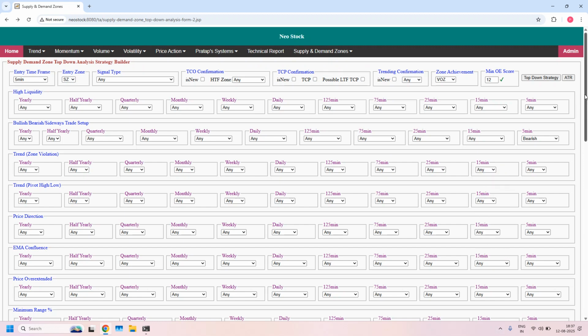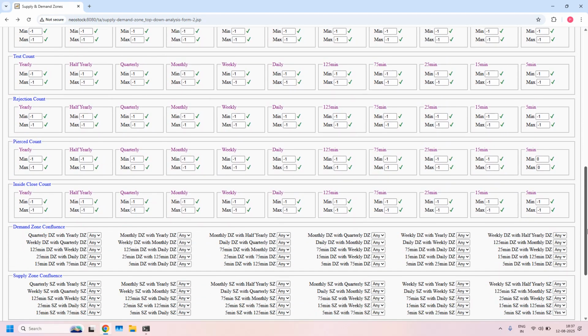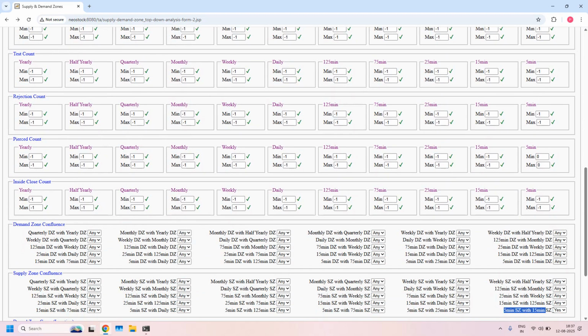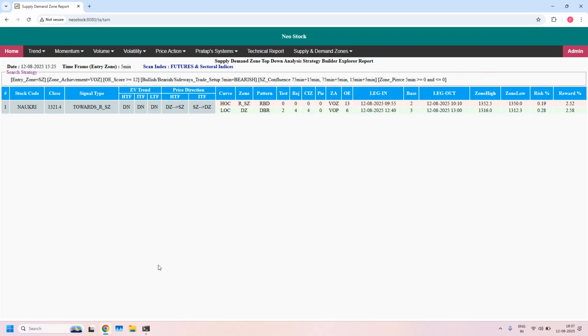Removed ITF EMA filter. In the supply zone confluence, 3 filters we have to set. First one is already enabled. Next 5 minutes and 75 minutes, 15 minutes and 75 minutes supply zone confluence. With all the 3 filters, we got only 1 stock. So this 5 minute supply zone overlapped with 15 minute supply zone.